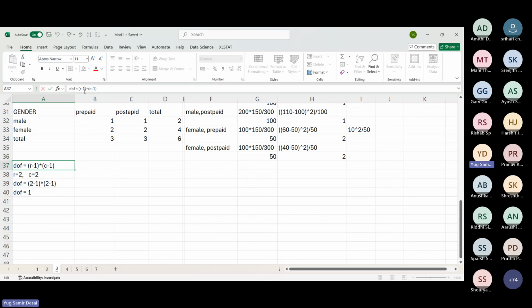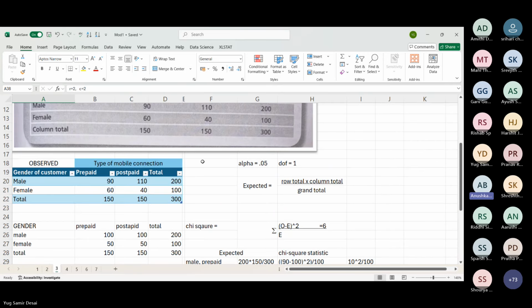That's how I put it. That's why it gives us more robustness. So, there is less margin of error, something like that. So we calculated that we got degrees of freedom as 1. Okay, so if it was continuous, then we would have used a different formula. Yes, I'll explain that. Don't worry. Achha, theek hai.